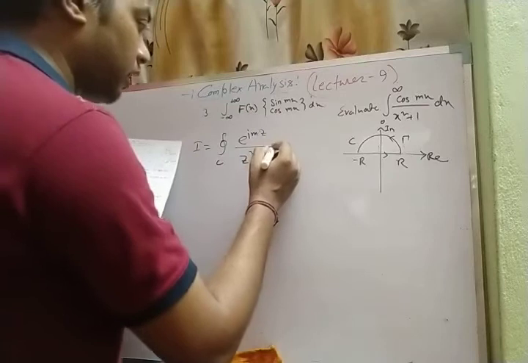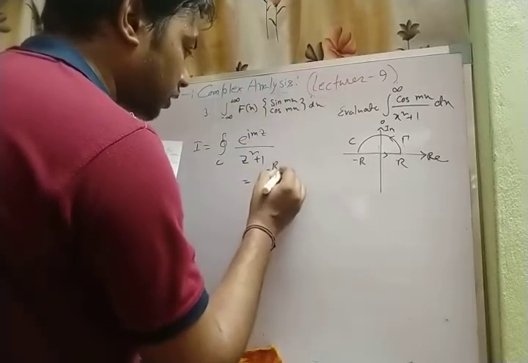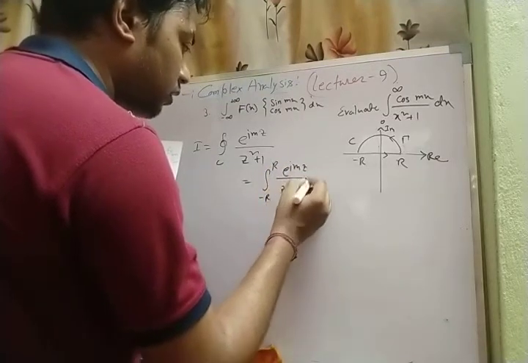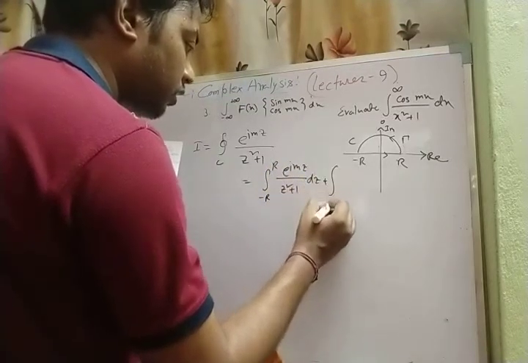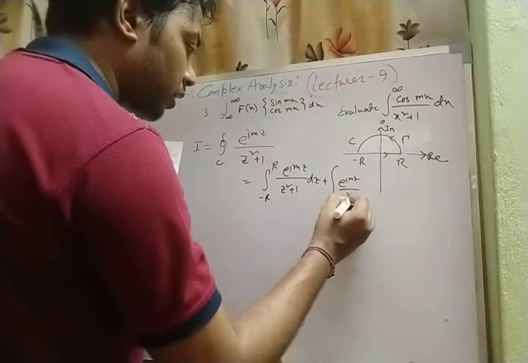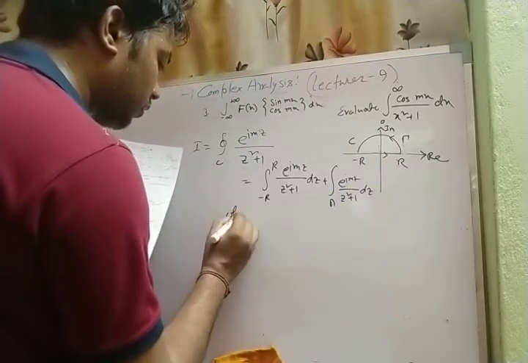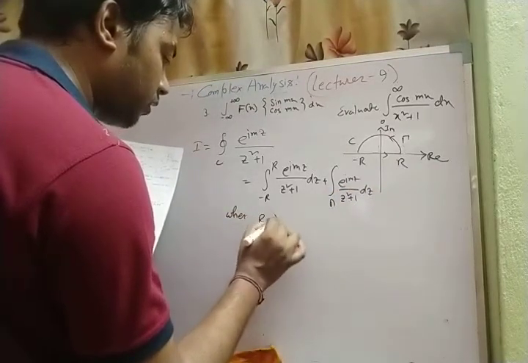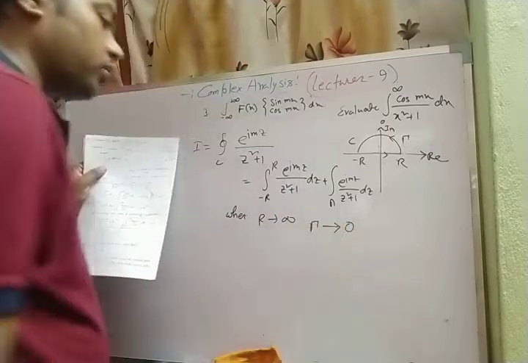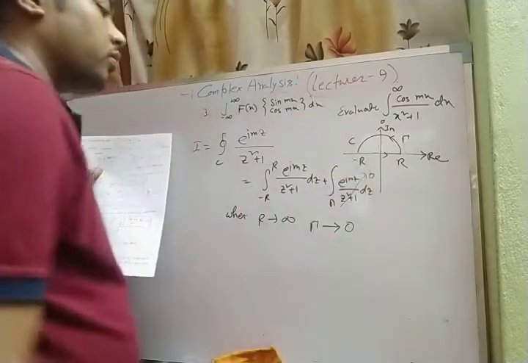So this can be further expanded as integration minus r to plus r e to the power i mz by z square plus 1 dz, plus integration over gamma e to the power i mz by z square plus 1 dz. When r tends to infinity, the gamma integration tends to 0.